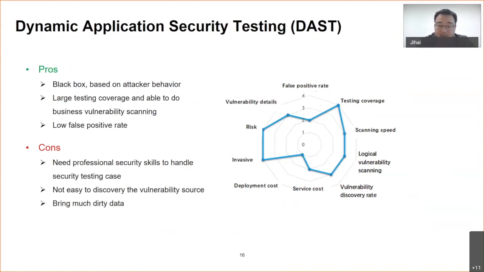Normally these cases are produced by cybersecurity people, not developers or testers. So this is a challenge for promoting this kind of tool to development teams.